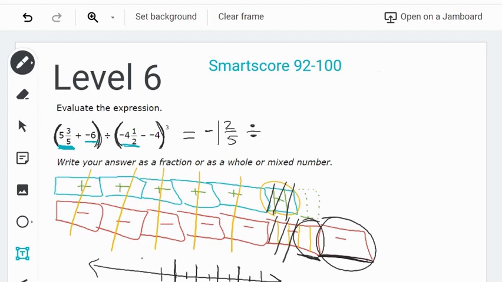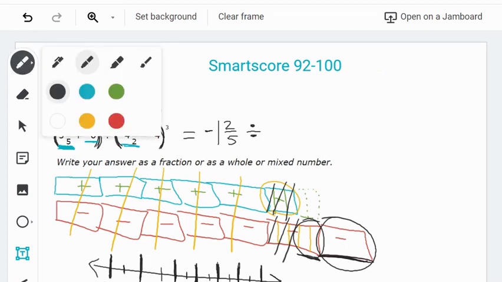Going this way, it'd be -5, -5.5, -6. So notice I'm making all the whole, or the integer ones. Integers can be negative. That's why I say integers, because we have lots of negatives here. They're like the bigger ones. But every little tick mark represents a half.